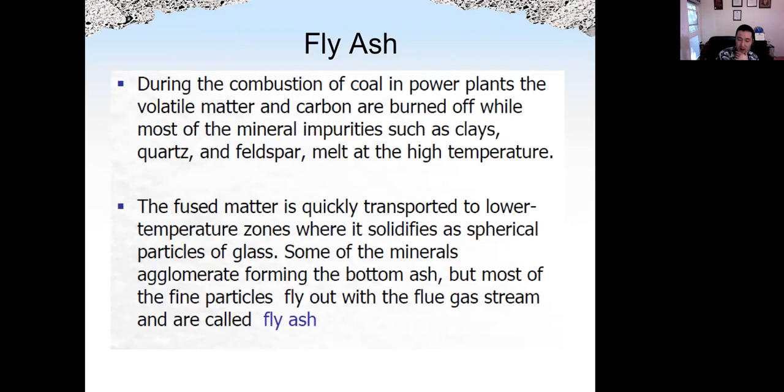These materials are quickly transported to a low temperature zone, and they will solidify as spherical particles because the temperature change, the cooling down, is quick. Much of these particles will fly out with the flue gas. That's the reason we call that fly ash.